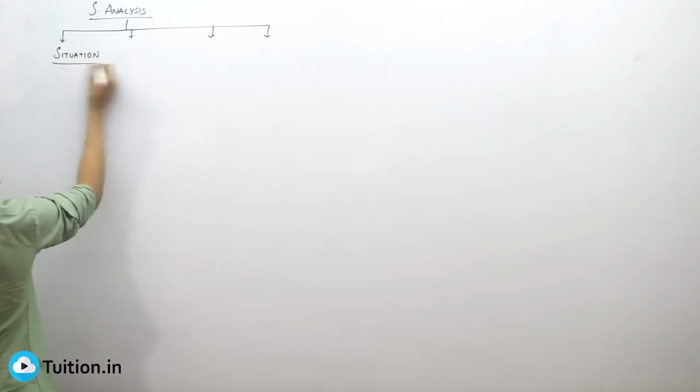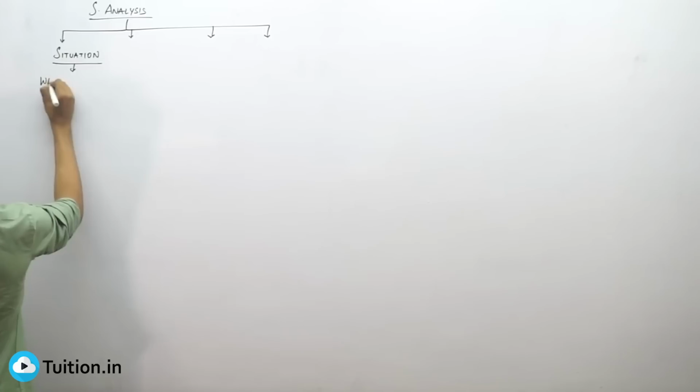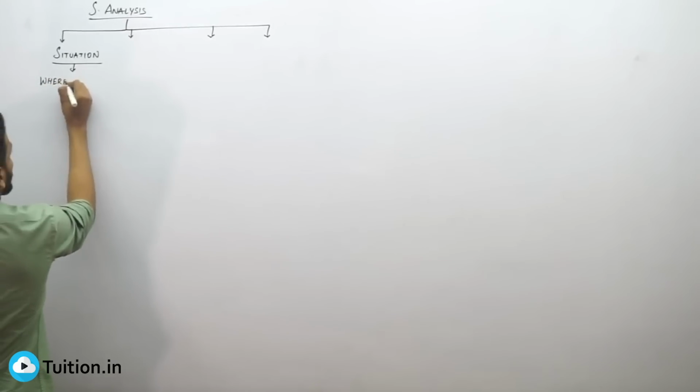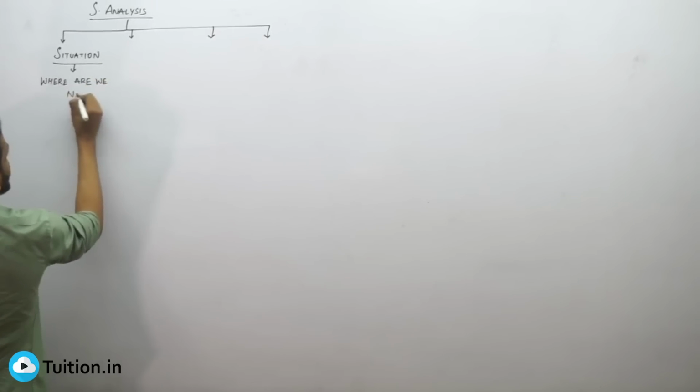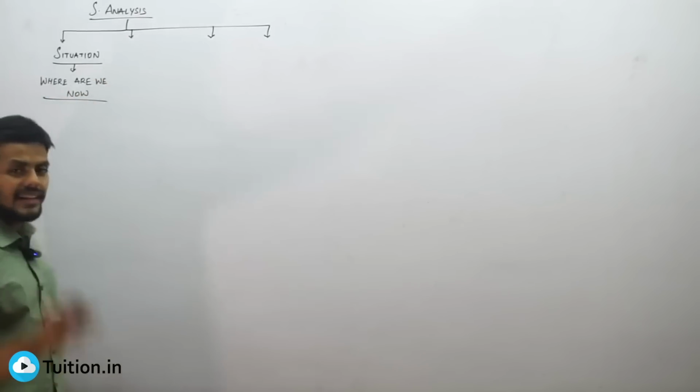Situation analysis deals with a question called, where are we now? So it is discussing the current scenario, where are we now? In answering this guys, let me give you a shortcut to remember here.